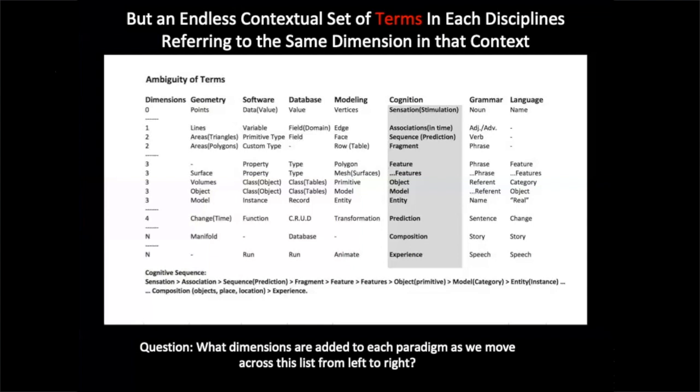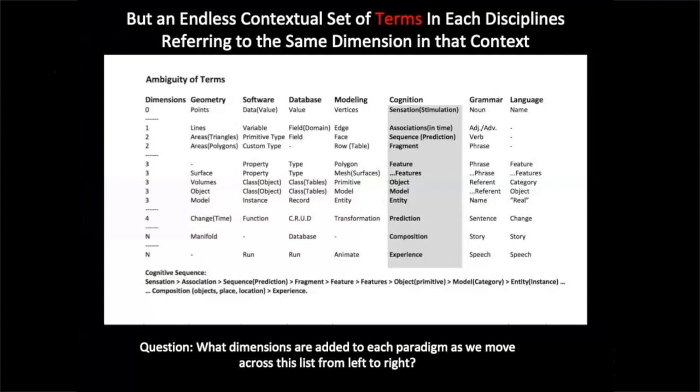Right. Surfaces, volumes, and the same thing happens in software: a value, a variable, a primitive, a custom, a property, a class, an instance, a function. The same thing happens in a database. The same thing happens in 3D modeling, right? So we have vertices and edges and faces and rows, etc., and it goes up through. And the same thing happens in cognition.